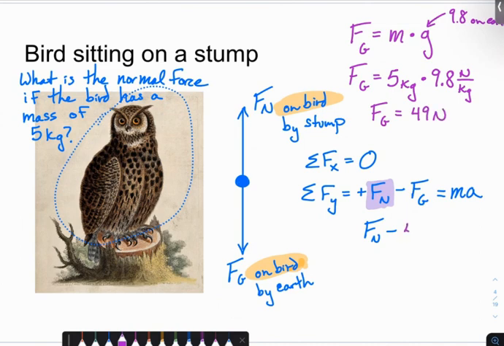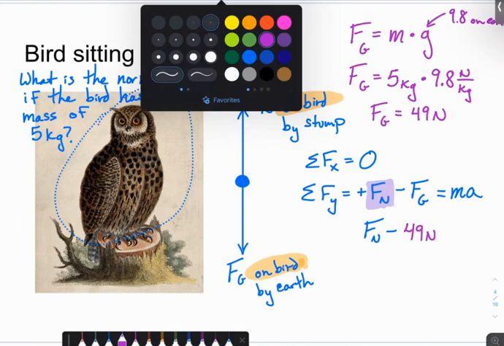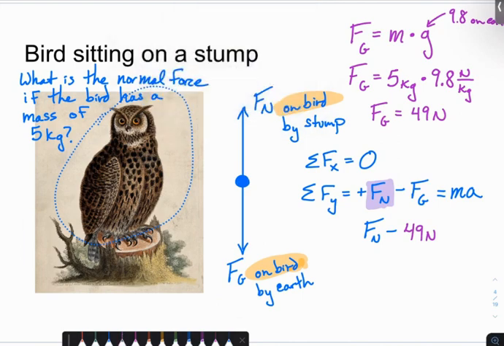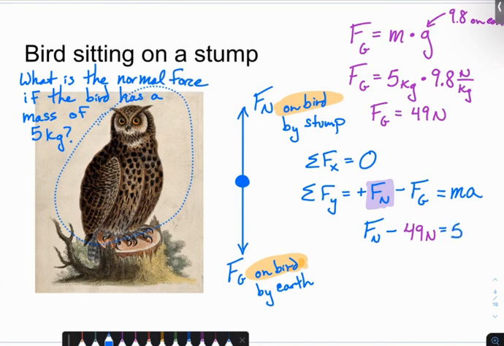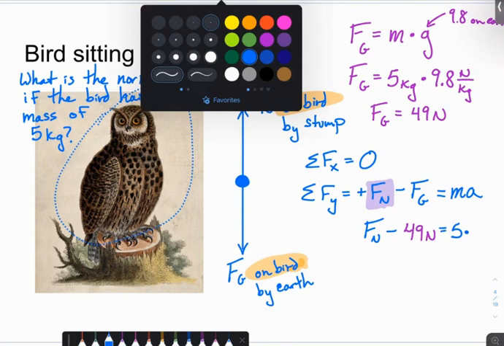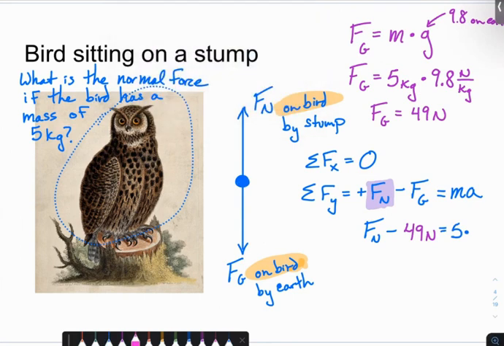All right, so I'm going to plug that in down here, 49 newtons for gravitational force. And then I know the mass of my bird is still 5, so that equals 5 times, and my acceleration is 0 because it is not speeding up and it is not slowing down.